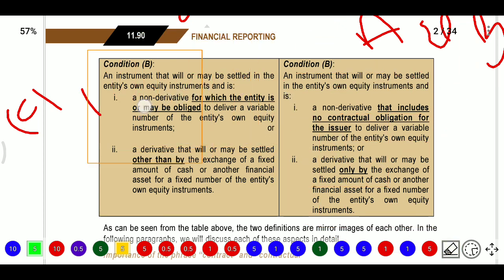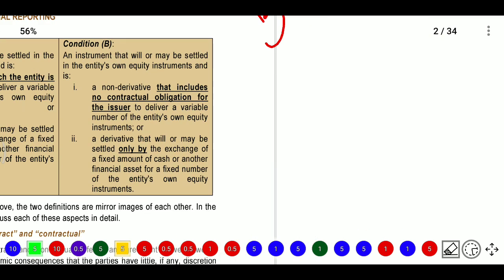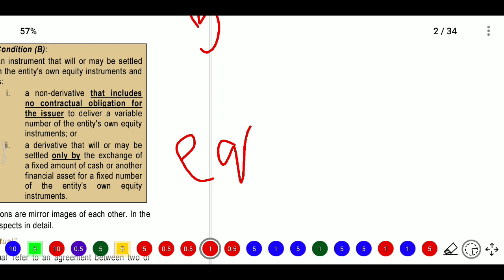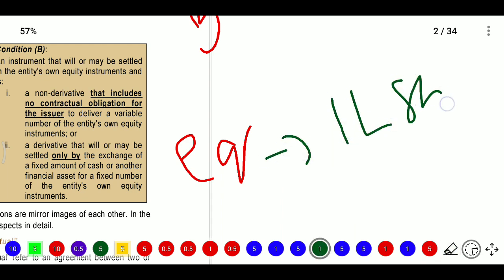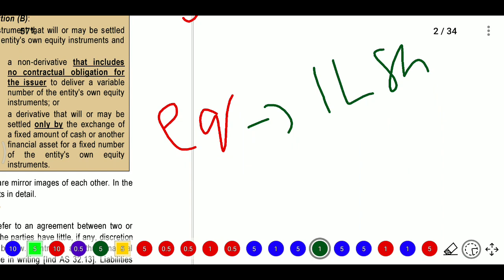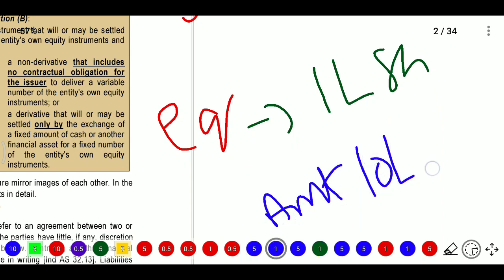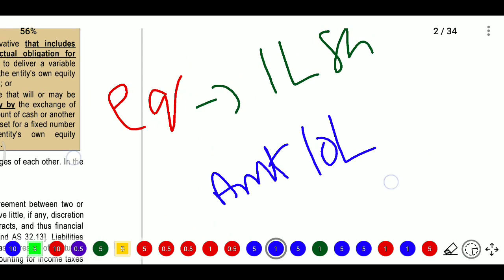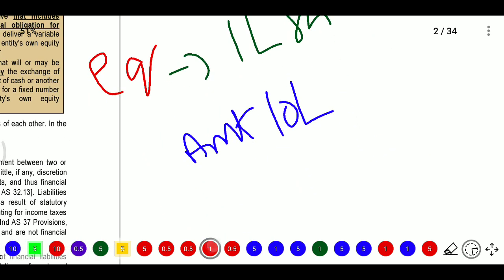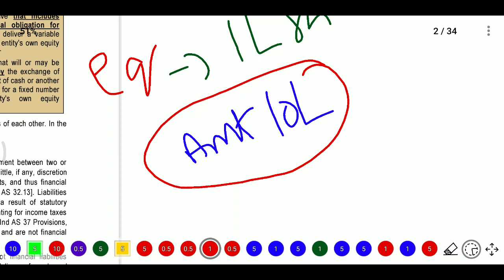Why will fixed become equity? Let us see. For example, they already said the equity will be 1 lakh shares. So 1 lakh shares will be there for equity. But if they decide on an amount, say the amount was decided at 10 lakh rupees, then based on the amount it will become a financial liability.